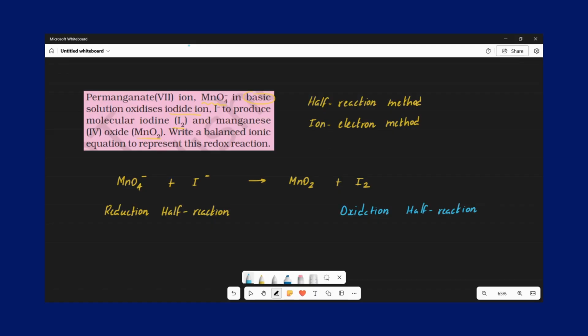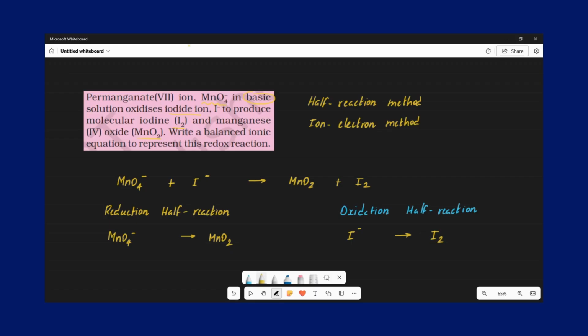From the statement I can say MnO4 minus is an oxidizing agent. So the oxidizing agent undergoes reduction. So MnO4 minus undergoes reduction and becomes MnO2. The other one is getting oxidized: the I minus becomes I2.